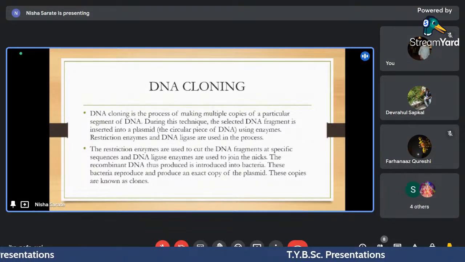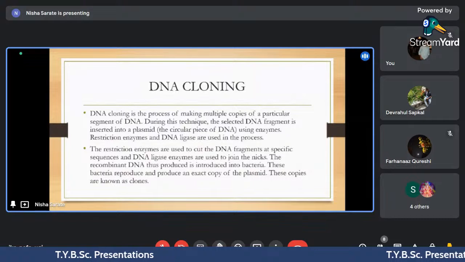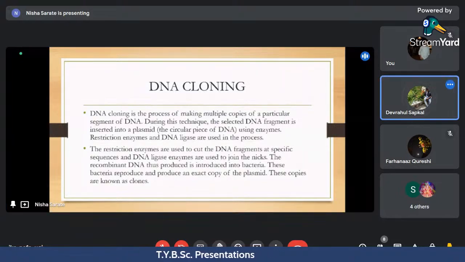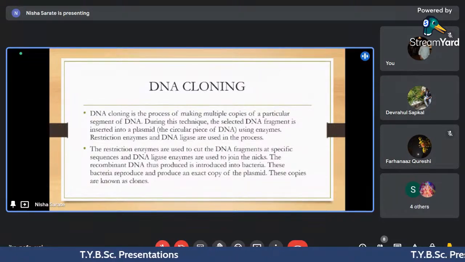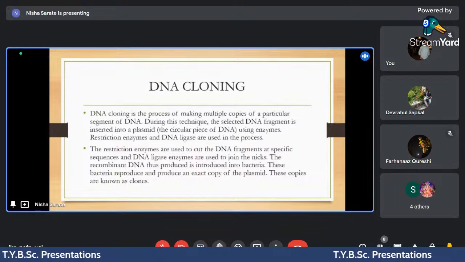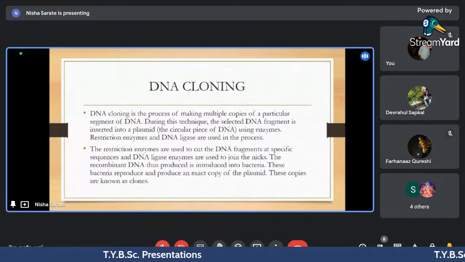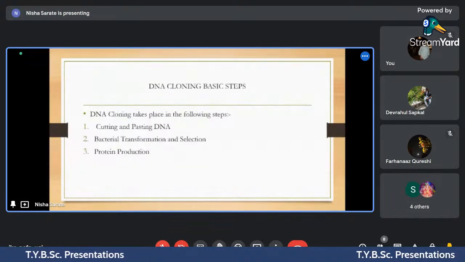Restriction enzyme and DNA ligase are used in the process. The restriction enzymes are used to cut DNA fragments at specific sequences, and DNA ligase enzymes are used to join the nicks. The recombinant DNA thus is introduced into bacteria. These bacteria reproduce and produce an exact copy of the plasmid.